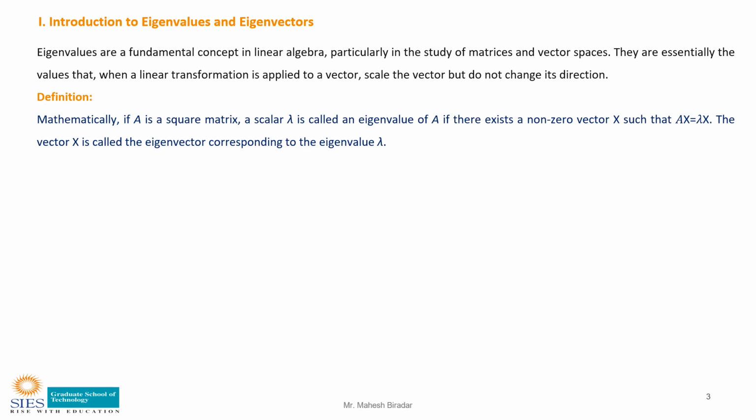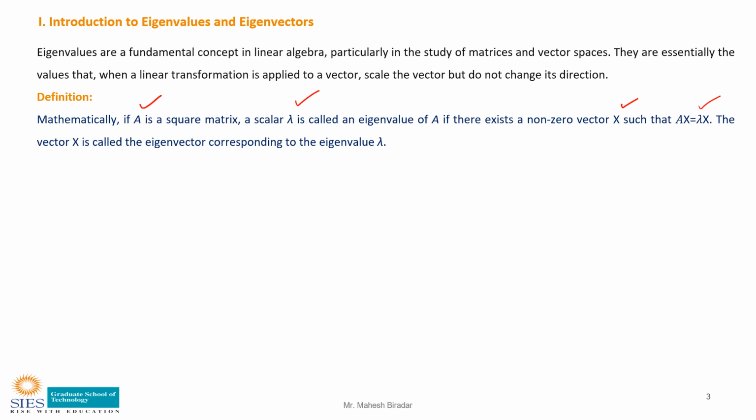Mathematically, if A is a square matrix, lambda, a scalar, is called an eigenvalue of A if there exists a non-zero vector x such that Ax is equal to lambda x.